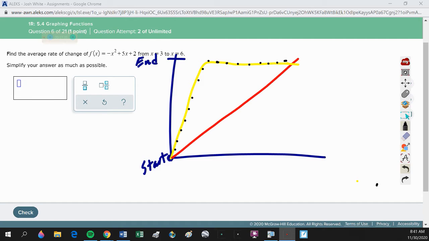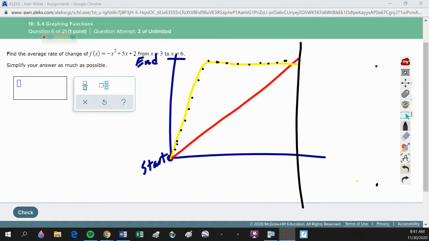So let's say each one of those is like 30 miles an hour. 30 plus 30 plus 30 plus 30 plus 30 plus 30. What happens when we get to the top? Plus 0 plus 0 plus 0 plus 0 plus 0. And then we divide that by however many minutes they were running, and you get the average speed for the hare. Okay?